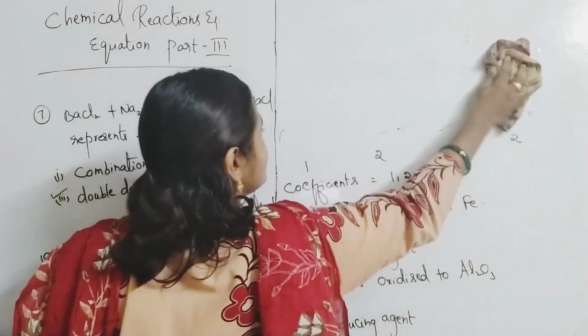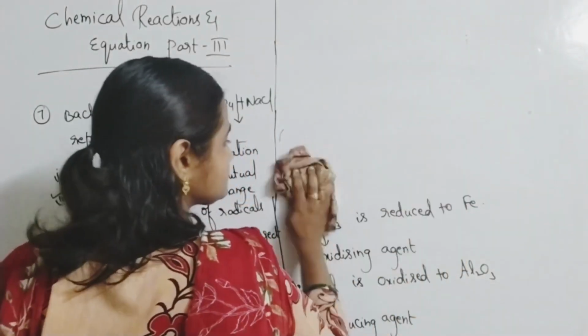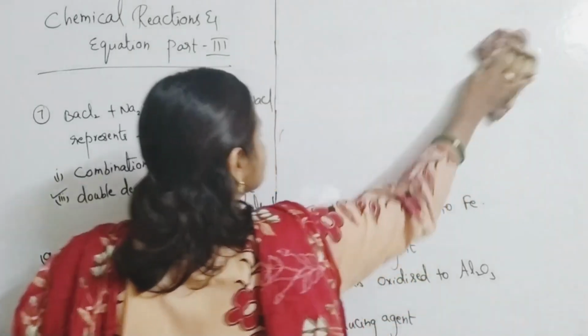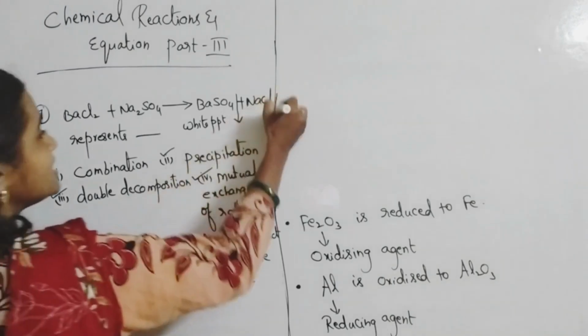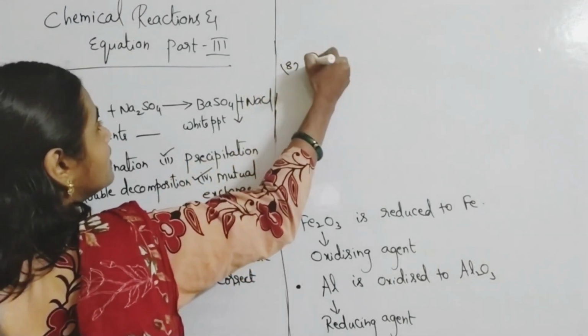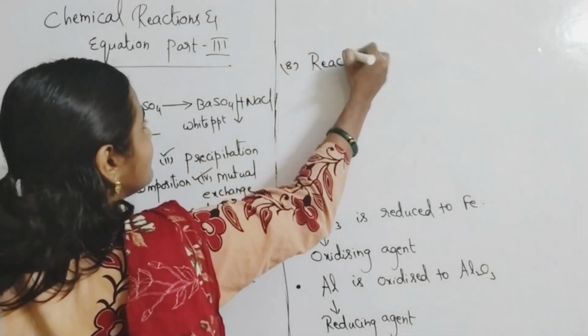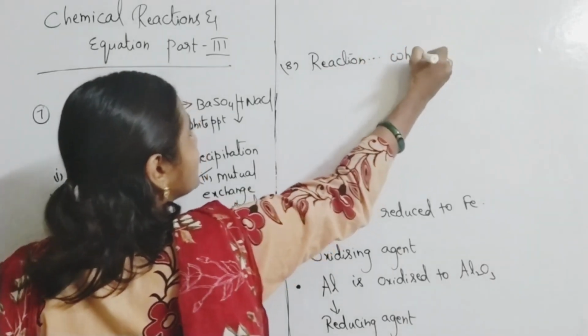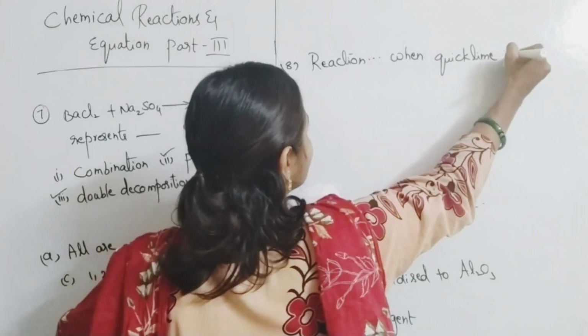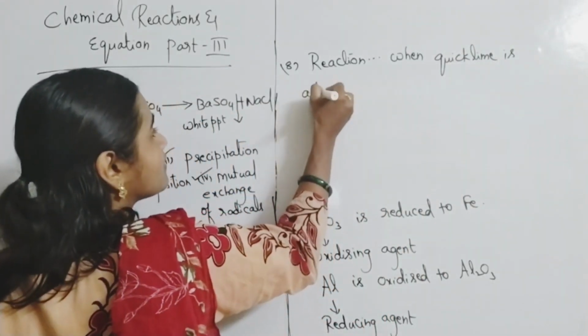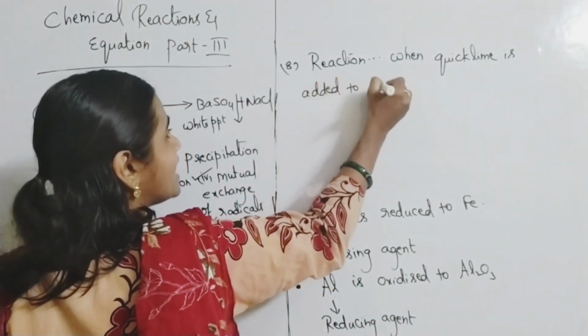Okay, so like that you please check. Next we'll move on to the next question. What is the next question? The reaction that takes place when quicklime is added to water.